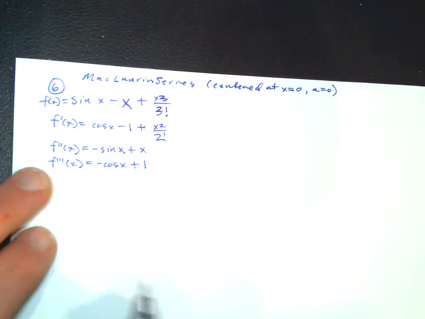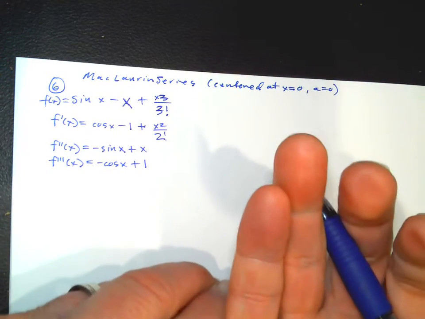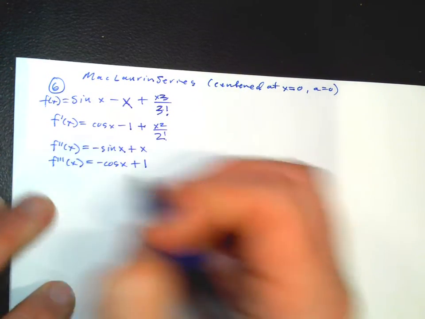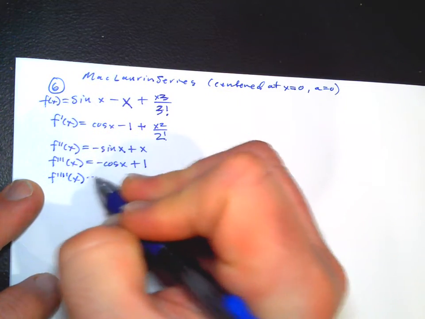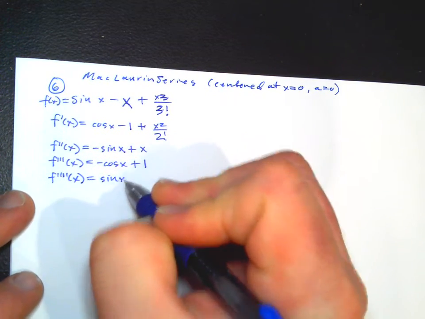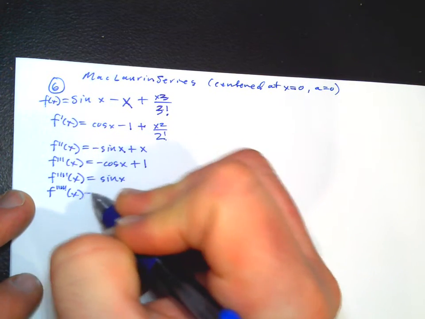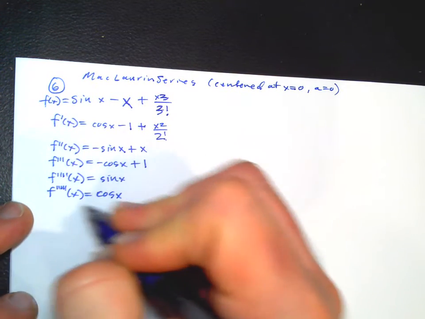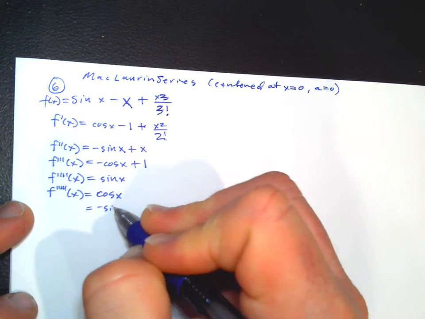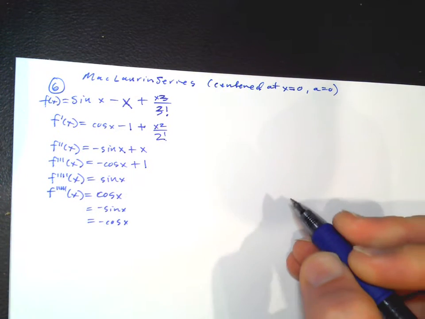They said find the Maclaurin series, so we've got to find the whole thing, so we've got to find some pattern. And this eventually becomes this really basic trig thing that never goes away. Right? And then you get negative sine x, and then you get negative cosine x, and it just keeps going like that.